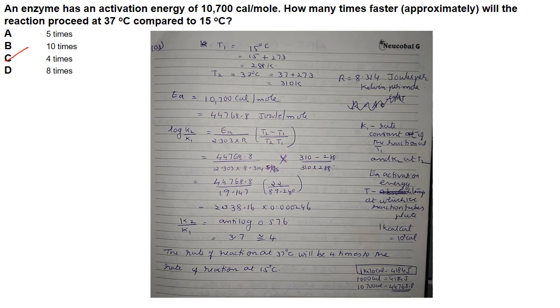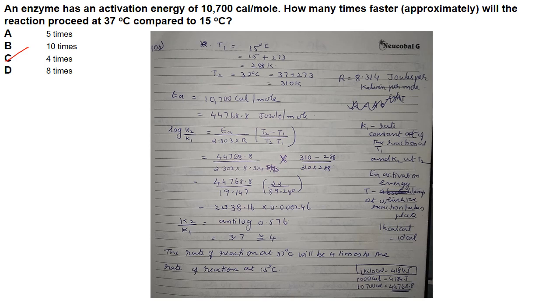Then an enzyme has an activation energy of 10,700 calories per mole. How many times faster will the reaction proceed at 37 degrees Celsius compared to 15 degrees Celsius? So you have to use the formula log K2 by K1 is equal to Ea by 2.303 R, times T2 minus T1 over T2 T1, where K1 is the rate constant of the reaction at temperature T1 and K2 is at temperature T2.